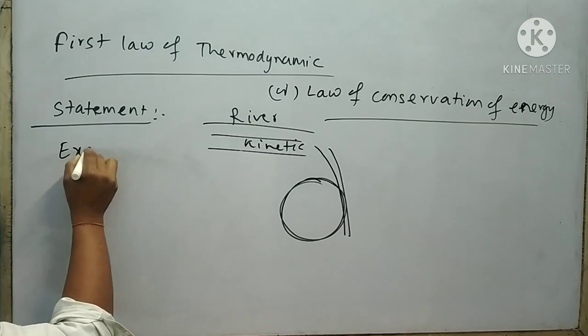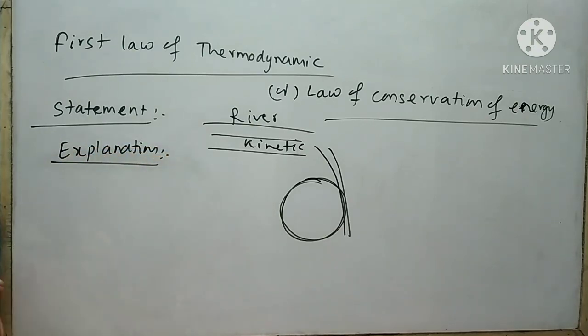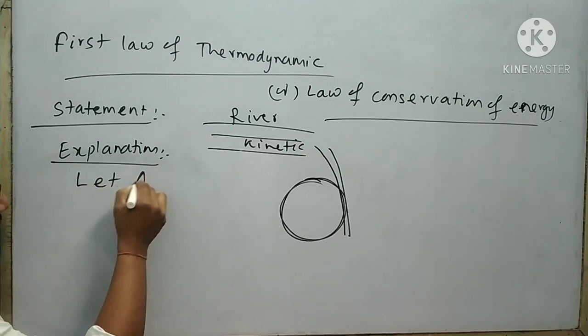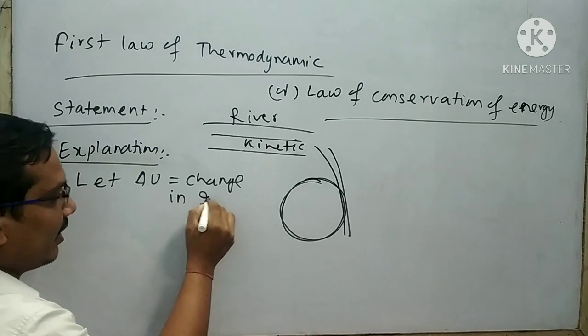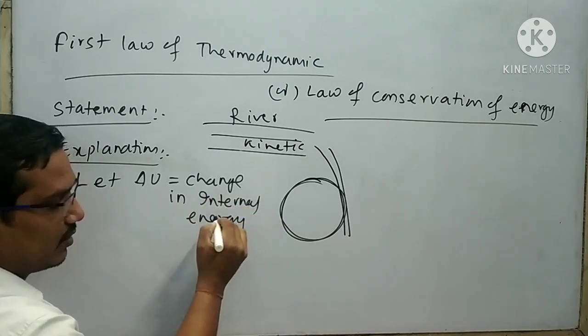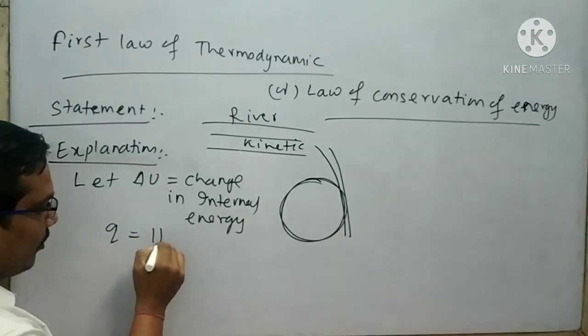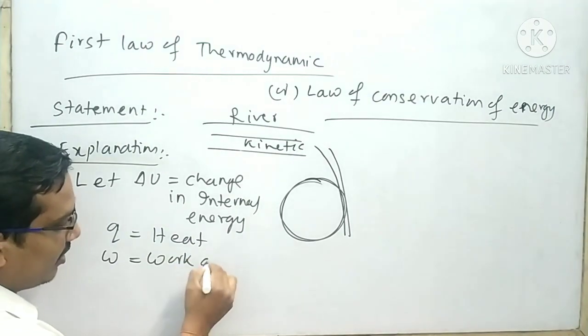Next, I want to explain the mathematical expression. Let del U equal the change in internal energy, Q equal heat, W equal work done.